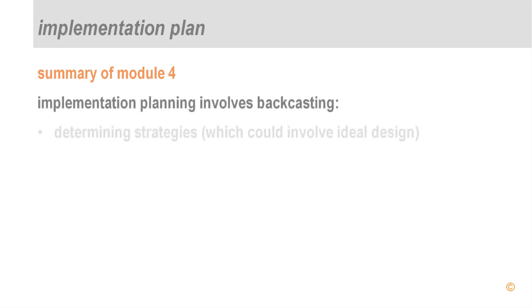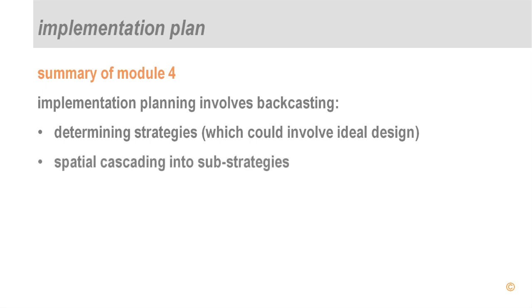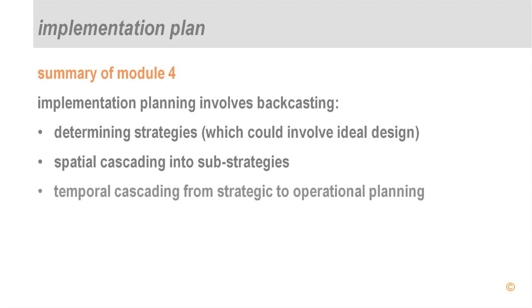In other words, we need to determine the implementation strategies which lead us to implement the design. We have also said that these strategies could be quite elaborate projects which would need an ideal design in themselves. Once we have decided on the different implementation strategies, we can cascade them in space into sub-strategies and also in time from longer term to shorter term.